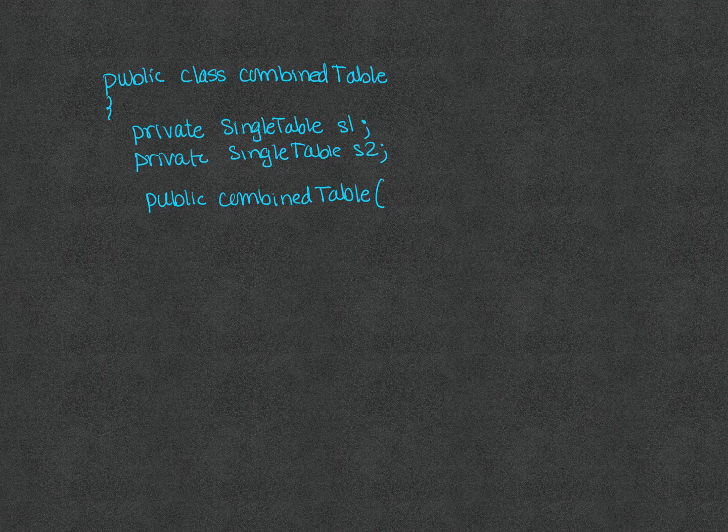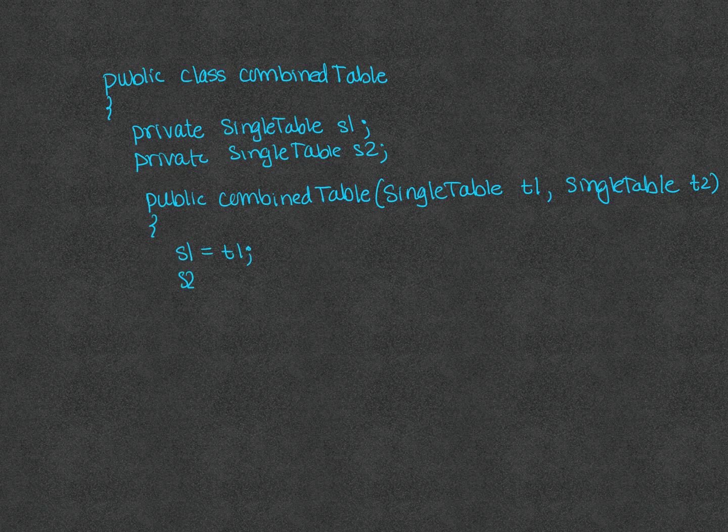So we're going to call that single table, and I'm going to give it the temporary name table 1, and a single table, and I'm going to give it the temporary name T2. And this is a constructor. The only job of the constructor is to initialize the instance variables. So S1 is really going to be equal to table 1. S2 is going to be table 2.